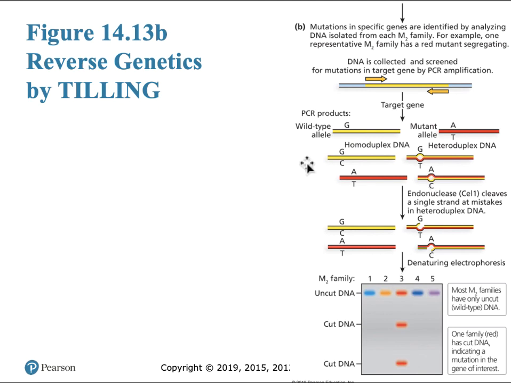So the result is, if your particular strain of mutant happens to have just wild type DNA at the target gene, then all it will produce is homoduplexes. And there will be no heteroduplex.